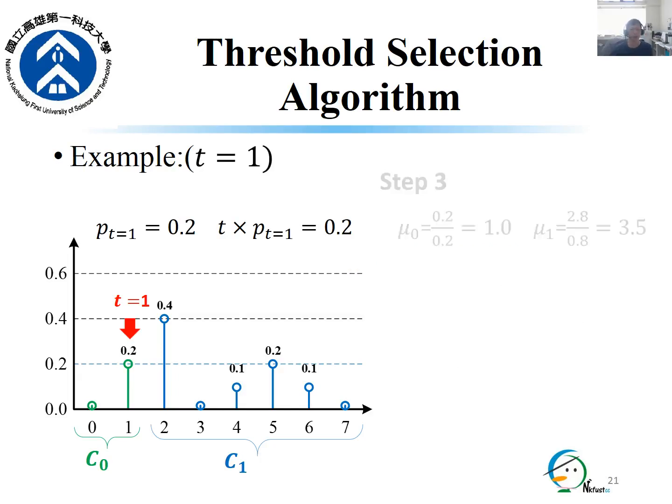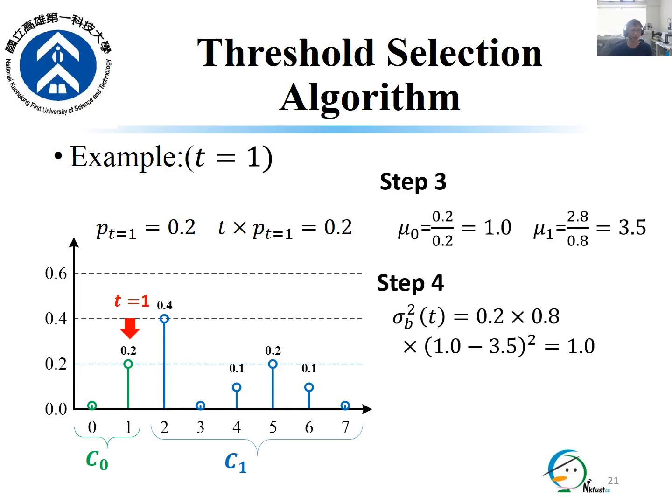At step 3, we compute the class means, and at step 4, we compute the between-class variance. At step 5, because sigma b squared of t equals 1 at the current iteration, which is larger than sigma max squared, we update T star to 1 and sigma max squared to 1.0.